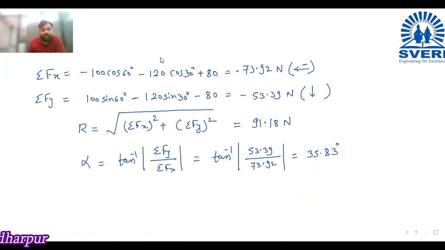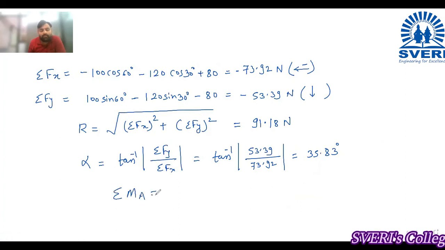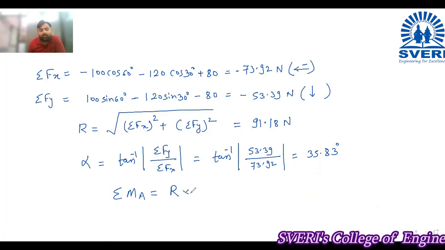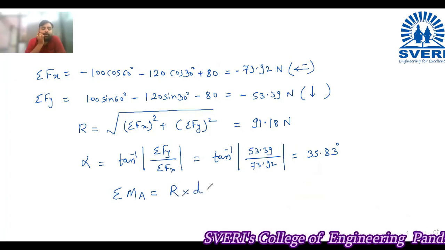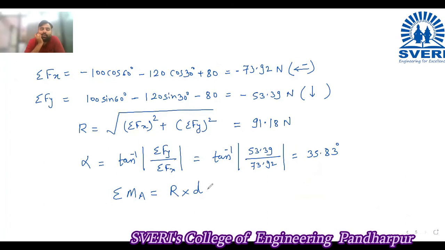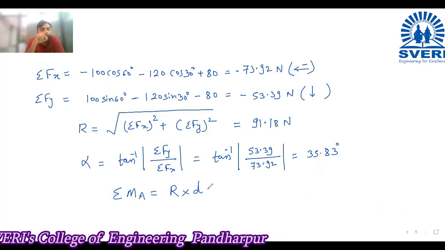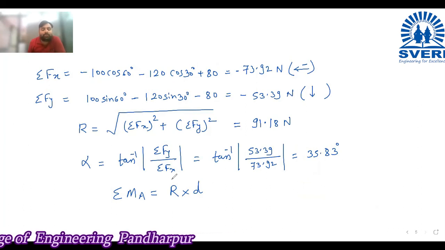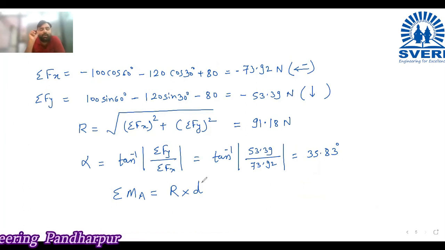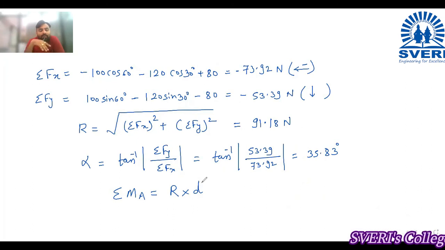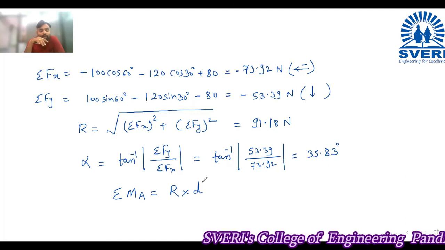What Varignon's theorem says is that summation M about point A is equal to R into D. Summation M at point A means the algebraic sum of moments of all the forces about point A must be equal to R into D, the moment of the resultant about the same point. That is our Varignon's theorem principle, which I have written over here: the sum of all the moments at A is equal to R into D.